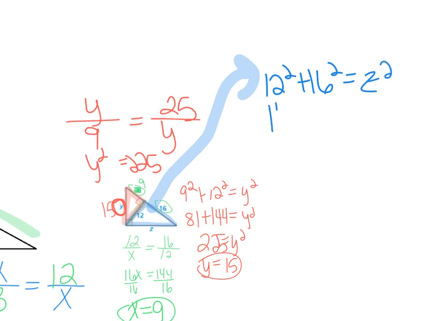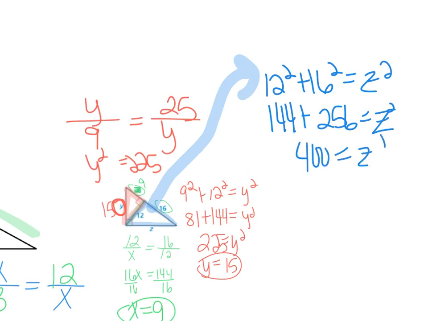So we'd have 144 plus 16 squared, 256, and so we'd have 400 equals z squared, and the square root of 400 is just 20. Okay, so we could use the Pythagorean theorem.